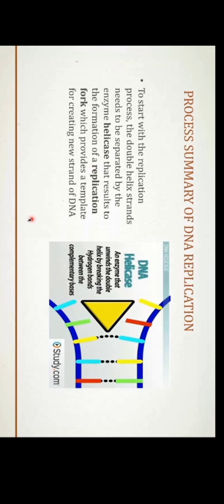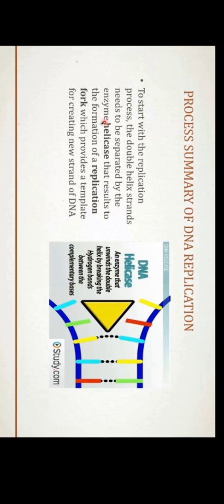The first step is the unzipping of the double helix structure, which is separated by the enzyme helicase. Helicase is the unzipping enzyme, the one that breaks the hydrogen bonds between complementary bases.